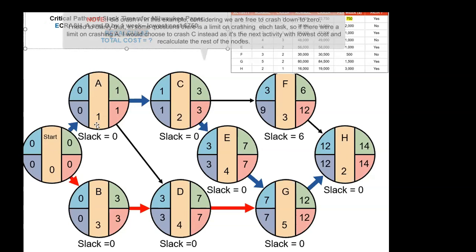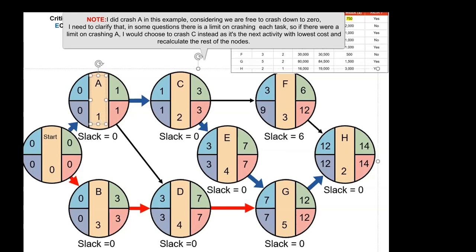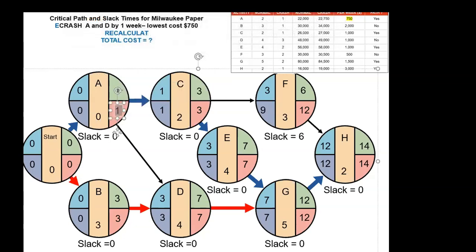So let's crash A by 1 unit. Goes down to 0. So immediately A can be completed if we spend another $750.